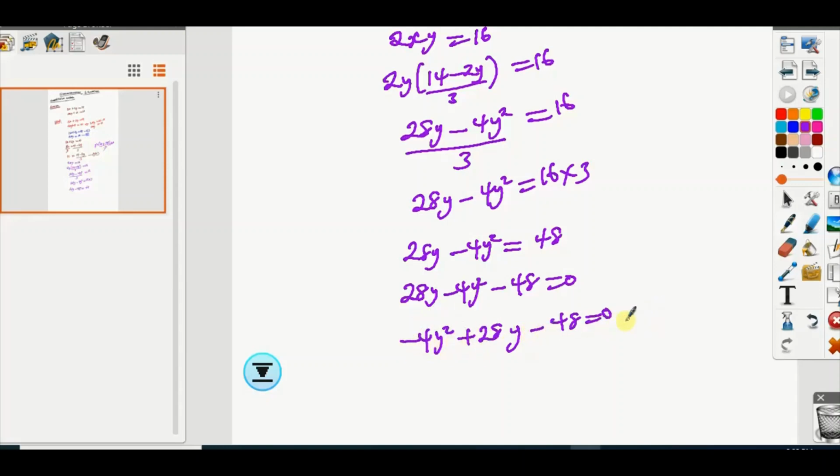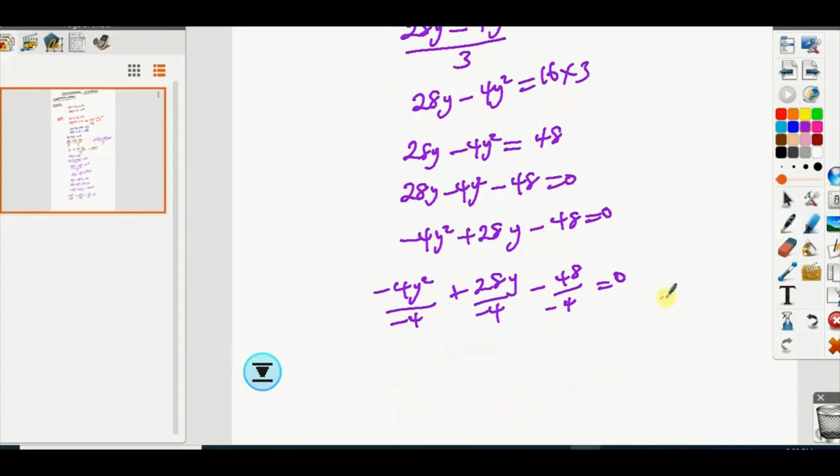We see that 4 is common to all terms, so we can divide through by negative 4 to cancel out this negative. We have minus 4y squared divided by minus 4, plus 28y divided by minus 4, minus 48 divided by minus 4, and everything equal to 0.